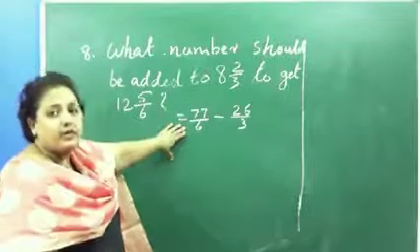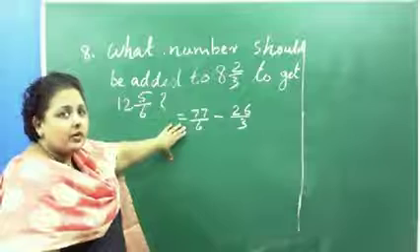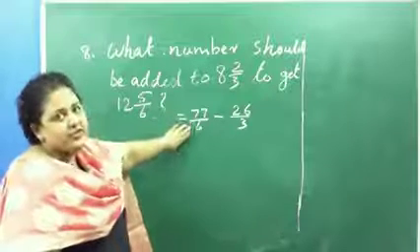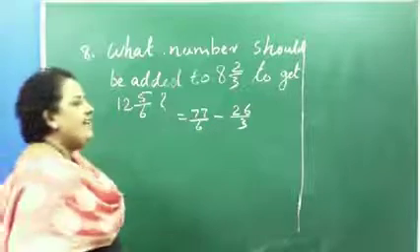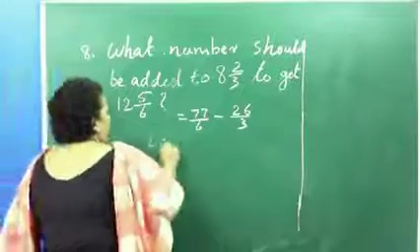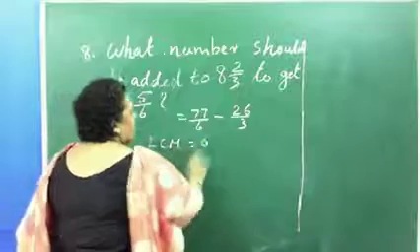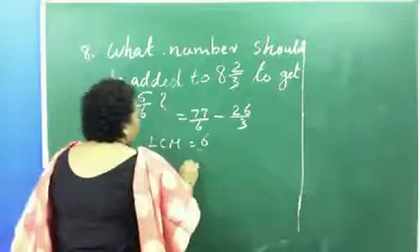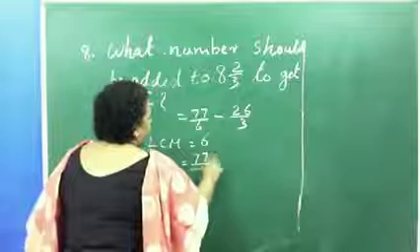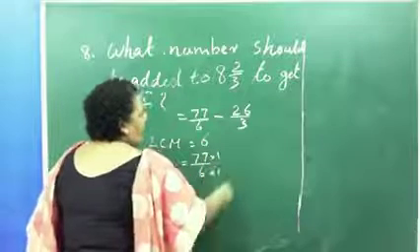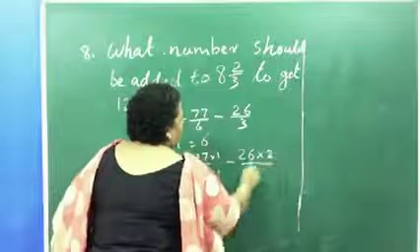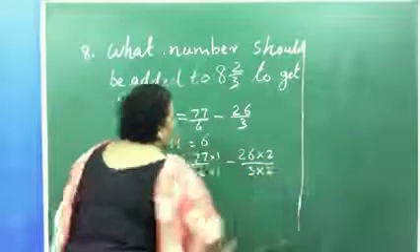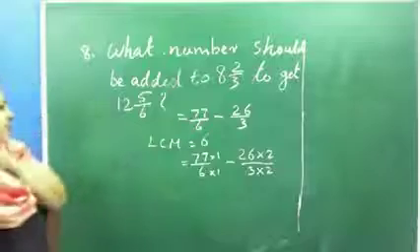Here we have to convert this into what? Like fractions. And for like fractions, here LCM, we know what is LCM of 6 and 3. LCM of 6 and 3 is 6 itself. So, here 77 by 6, you have to multiply with 1, and 26 by 3 multiplied by 2 because 2 times 3 we will get as 6.